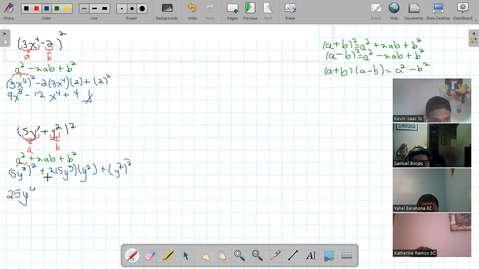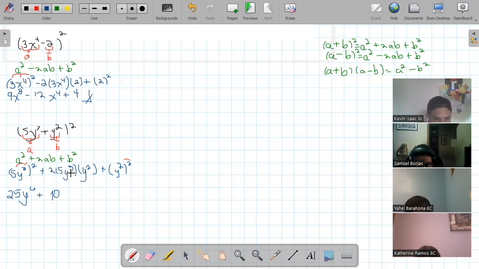Now we multiply over here. 2 times 5y cubed, and that's 10y cubed, times y squared. I'm gonna place the 10 because, as you can see, there's no coefficient in this third part of the product. We multiplied already the 2 times the 5, so that's 10.